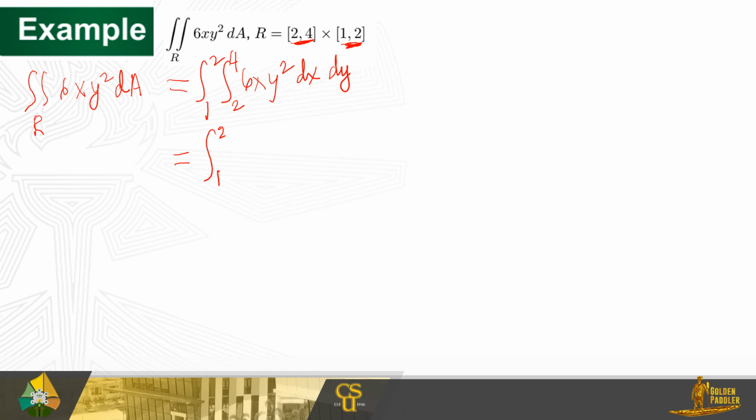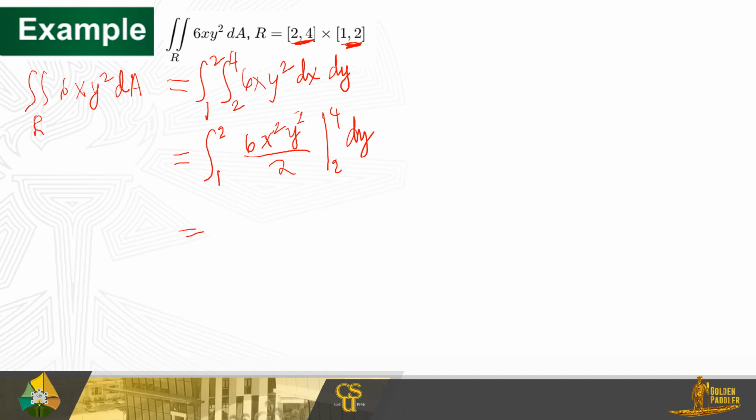Okay, so let's evaluate the integral. We have 6, and this becomes x squared, then the y squared is just constant, all over 2 evaluated from 2 to 4 dy. So 6 over 2 is 3.